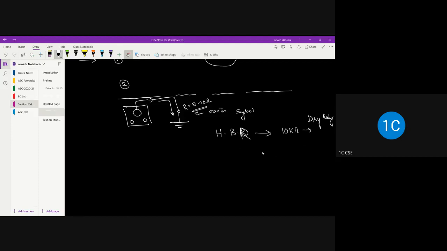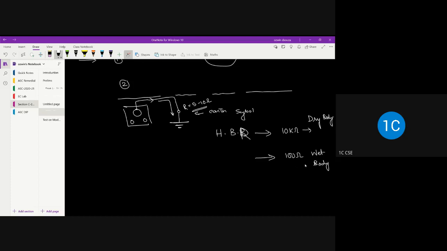If you consider a normal human being, on an average, the complete body dry resistance is about 10 kilo ohm. On the other hand, if the body is completely wet, the resistance is as low as 100 ohms. This is for a wet body. Let's say you are completely drenched in rain, and you happen to contact live electricity, and if that particular appliance has earthing, the current still flows through the earth rather than flowing through your body.